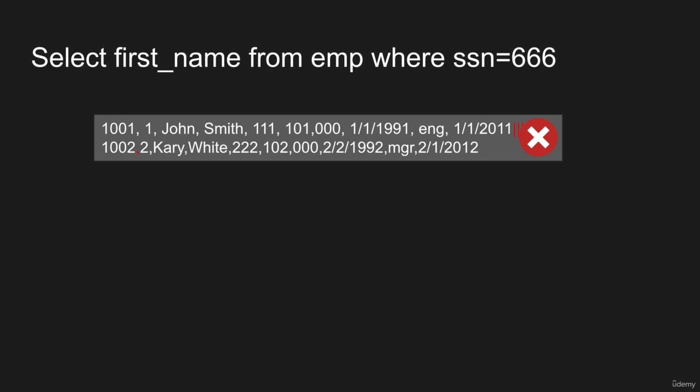Because I don't know where employee 666 is. It's not like this field has any relation to the row itself. It's just a random value. So I have to pull the first block of the table. Does 666 exist in this? Nope. This is 222, and this guy is 111. That's the social security number.